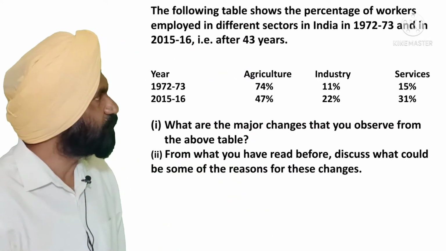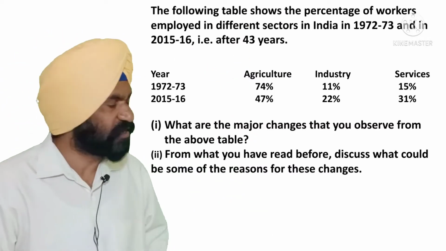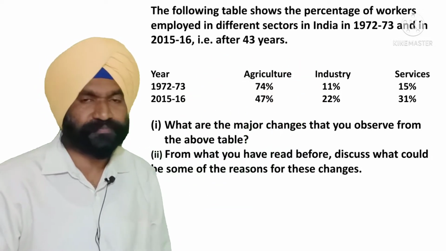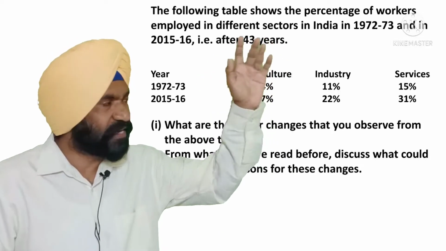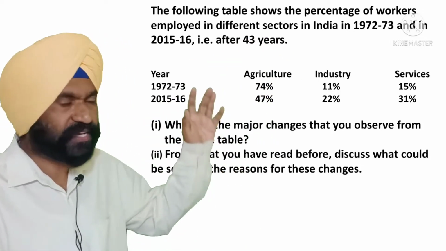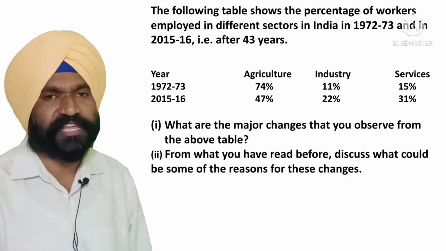Now the following table shows the percentage of workers employed in different sectors in the year 1972-73 in India and in the year 2015-16, that is even after 43 years.